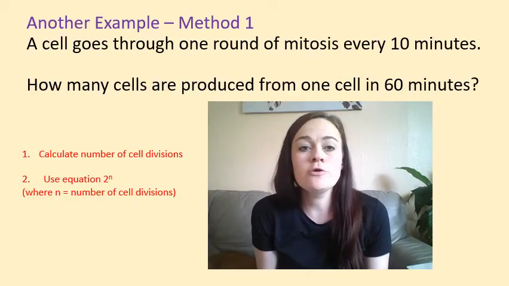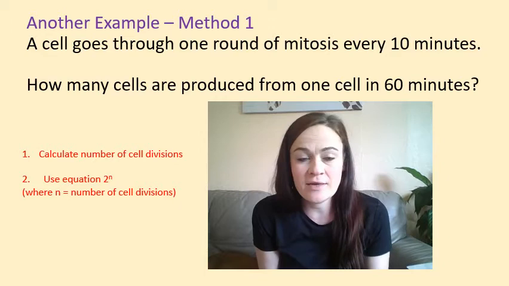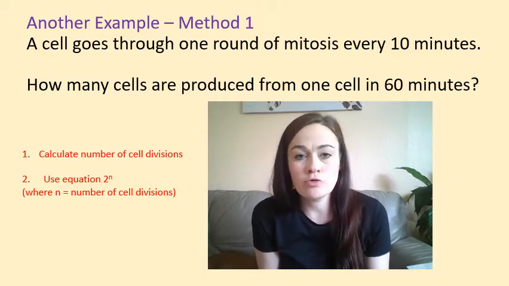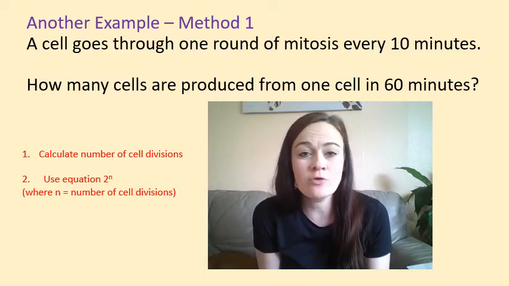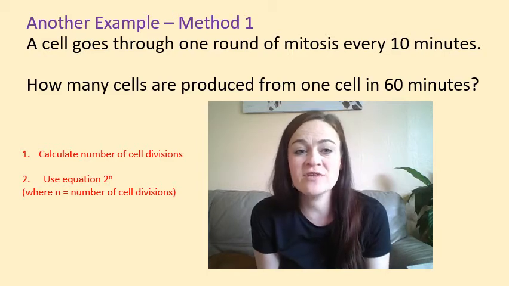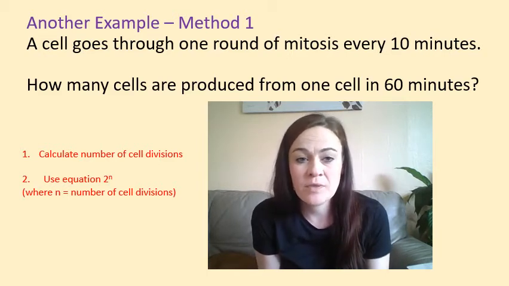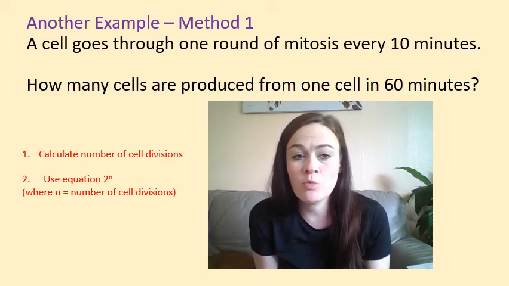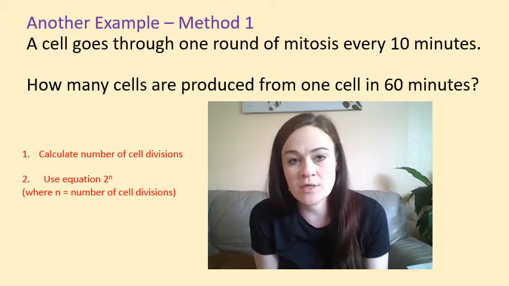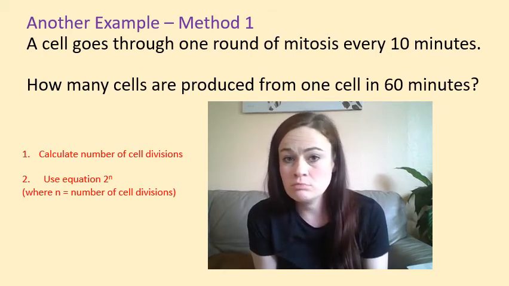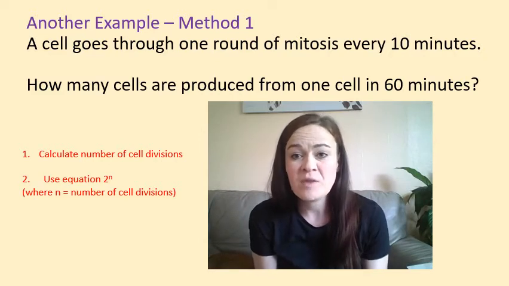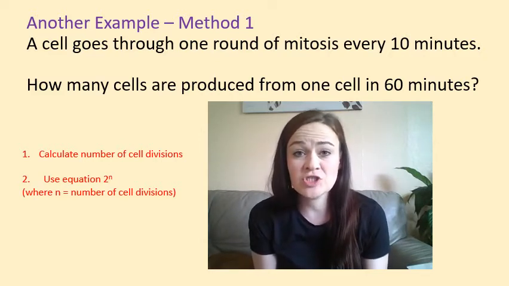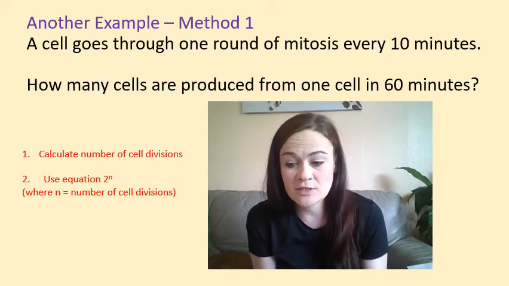Okay, so I'm going to talk you through both methods again with another example. So, this question we're talking about a cell going through one round of mitosis every 10 minutes. Okay. How many cells are produced from one cell in 60 minutes? So, method 1 is step 1, find out how many cell divisions there will be in the 60 minutes.